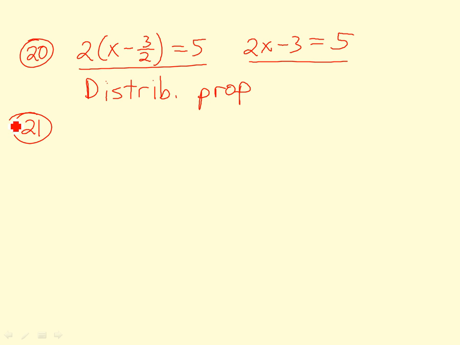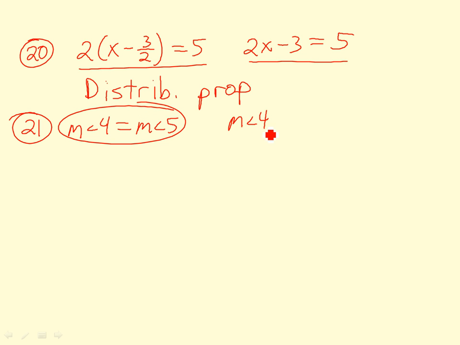Which property allows you to state measure of angle 4 equals measure of angle 5? That's our conclusion. And what we're given is measure of angle 4 equals 35, and the measure of angle 5 equals 35. This isn't a property, actually. If angle 4 is 35 degrees and angle 5 is 35 degrees, how do you know angle 4 and angle 5 are equal to each other?